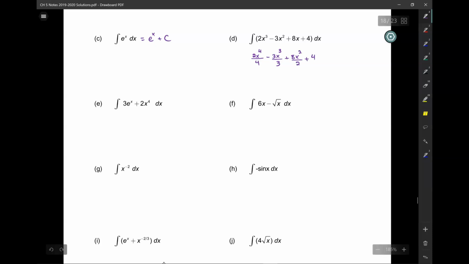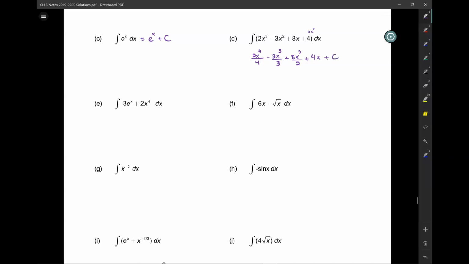Okay, this is really 4x to the 0, right? Because x to the 0 is 1. So now I add 1 to the exponent, it becomes x to the 1 divided by 1 plus c.